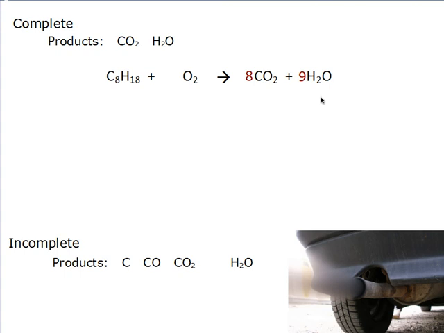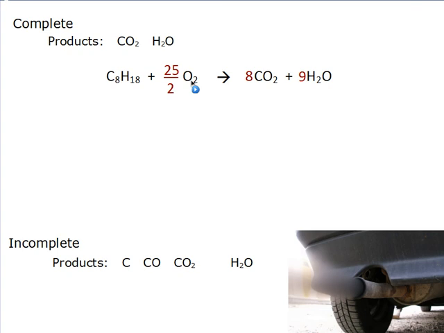So we look on the right to see how many oxygens we've got produced, and there's 8 times 2, 16 in carbon dioxide, plus 9 times 1, so 16 plus 9, 25. Okay, so we've got 25 oxygens on the right, we need 25 oxygens on the left. But each oxygen molecule here already has 2 oxygens in it, so actually we need 25 over 2 moles of oxygen in this reaction.